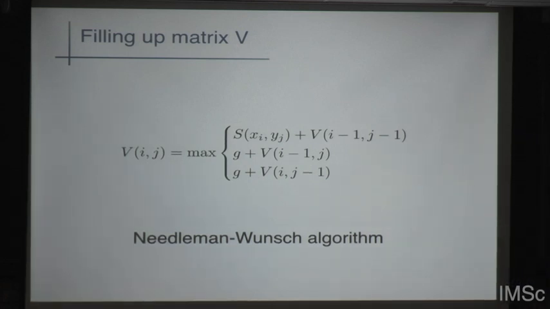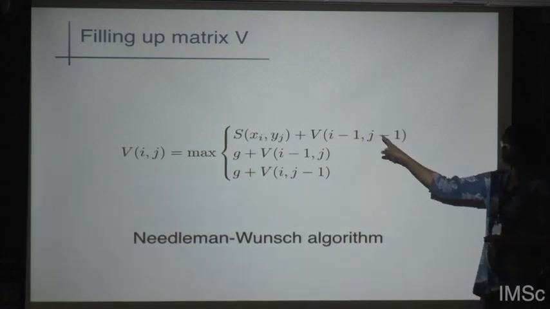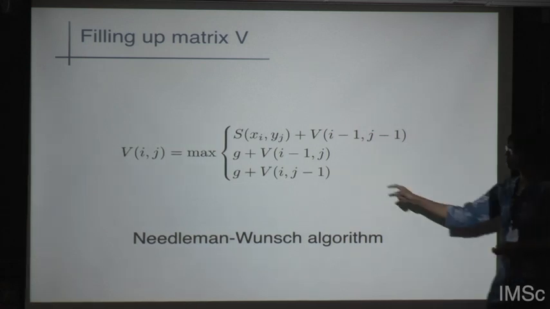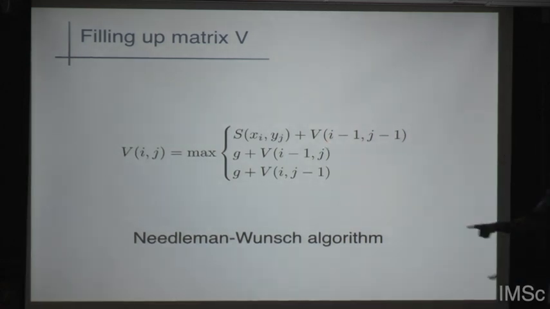So the idea is that if you're extending a previous alignment by matching i with j, then the match score comes there, and you extend the previous alignment, that is V i minus 1, j minus 1.